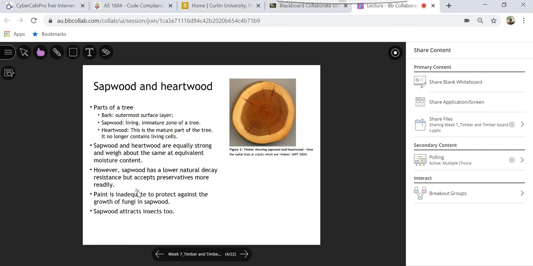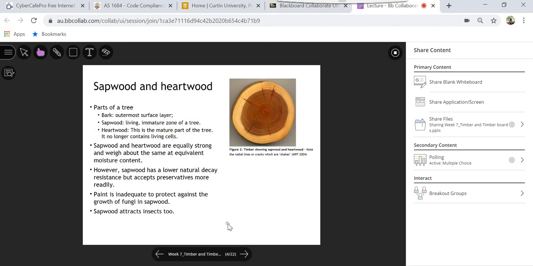So considering that, hardwood is more preferable, as well as in terms of weight also. Although they are equally strong and weigh about the same at equivalent moisture content, sapwood has much higher moisture content. So basically they are heavier unless we allow them to dry out.